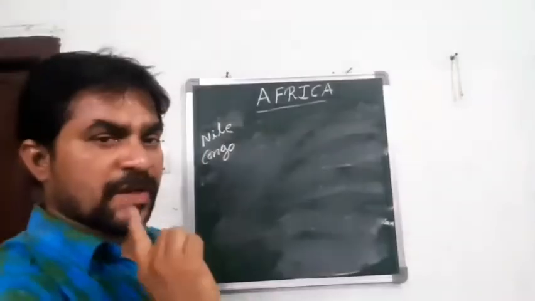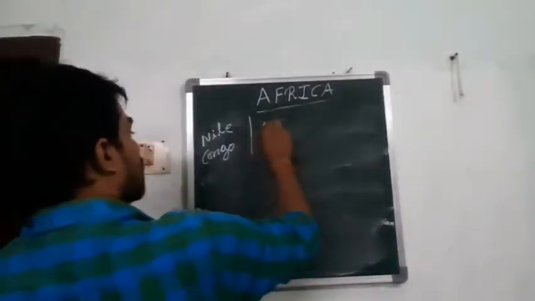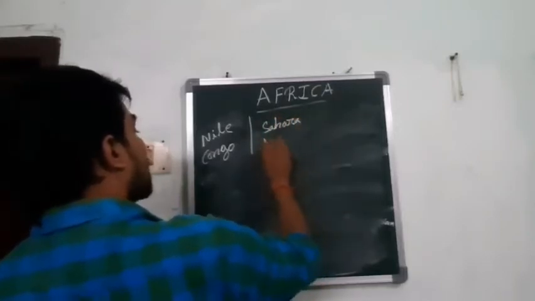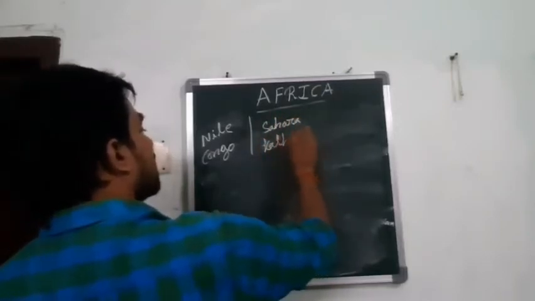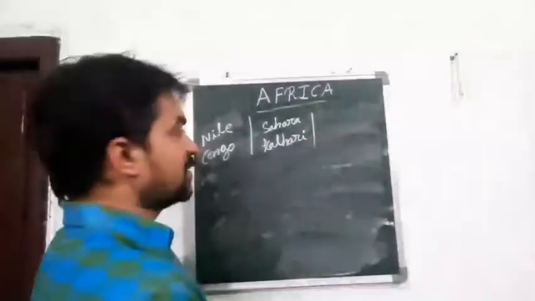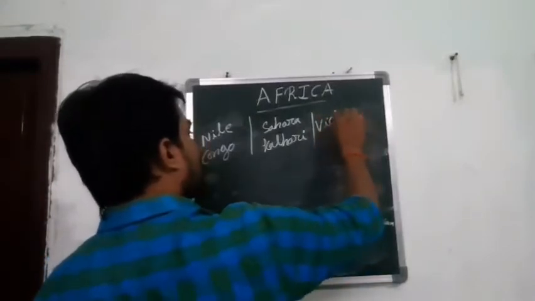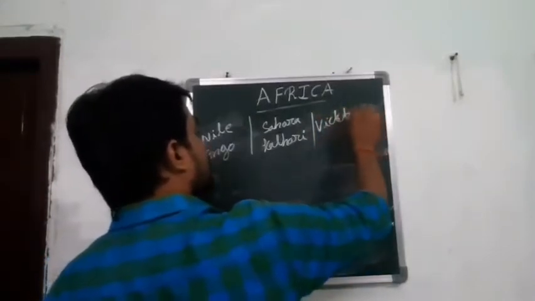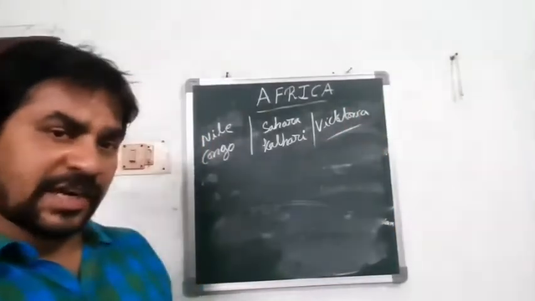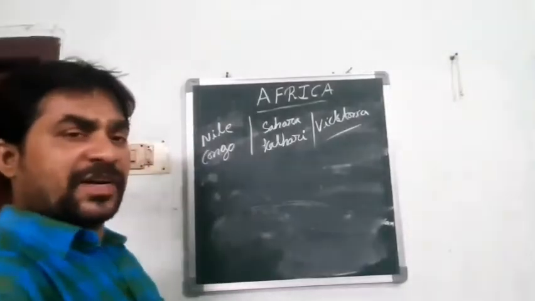These are the two important rivers which flow in the region of Africa. And one is the Sahara Desert, and one is the Kalahari Desert, which are also very important deserts in Africa. And one is Lake Victoria, a freshwater lake that you can find in Africa. So that is the first important point.